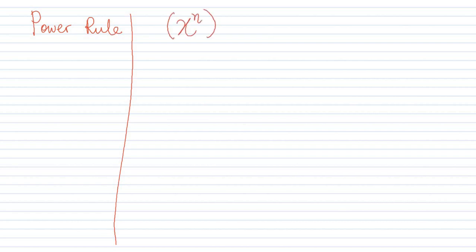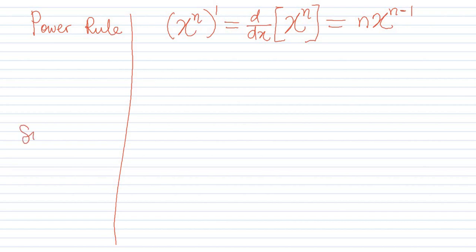You have power rule, and power rule is d over dx of x raised to the power n, and what you end up with is n x raised to the power n minus 1. Okay, that's power rule. Then sum and difference rule.